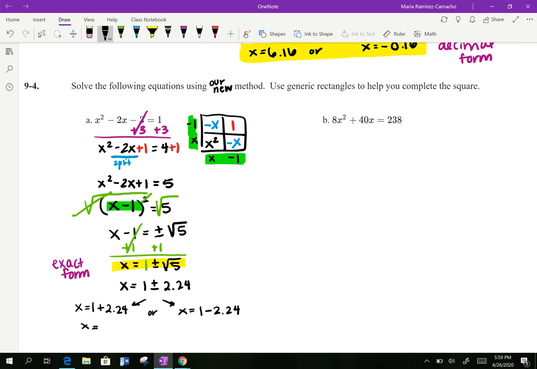When I add, I get 3.24. When I subtract, I get negative 1.24. These are my solutions in approximate decimal form. All right, one more example, and I'm hoping that this is starting to make a little bit more sense.